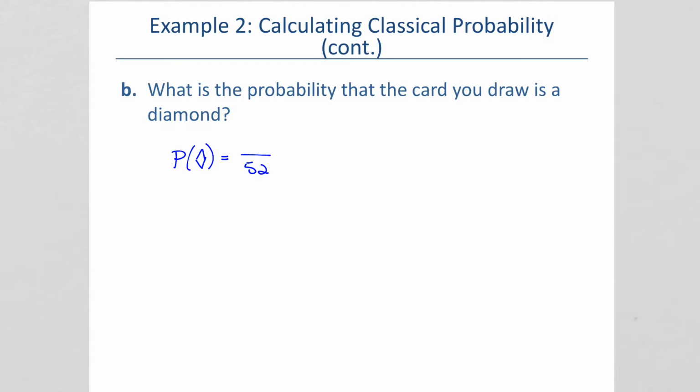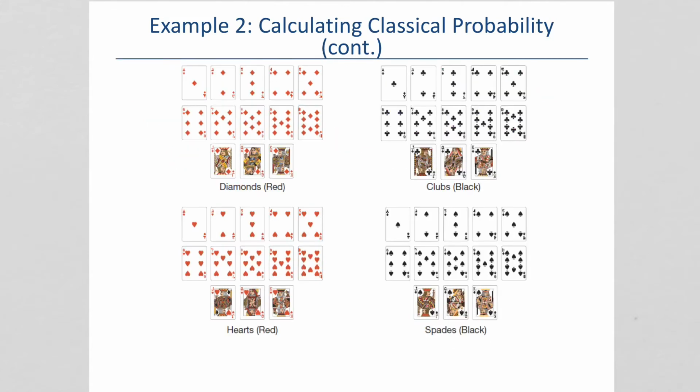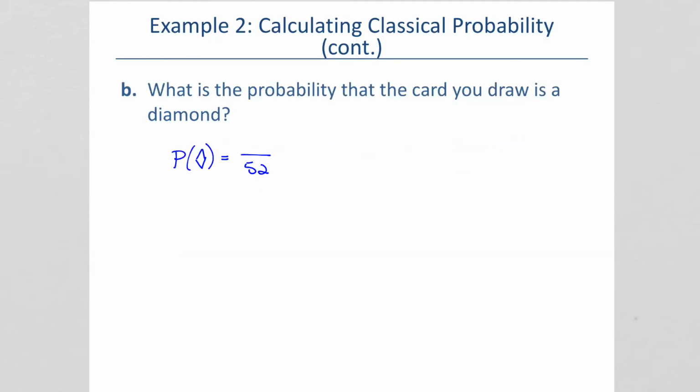So we need to look and see how many diamonds there are. If we count them up, there are 13. And that reduces to 1/4, or as a decimal, 0.25.